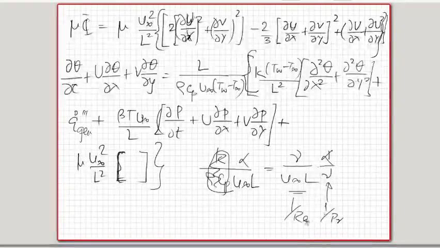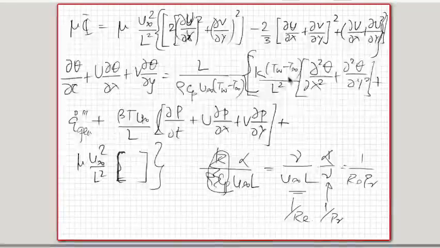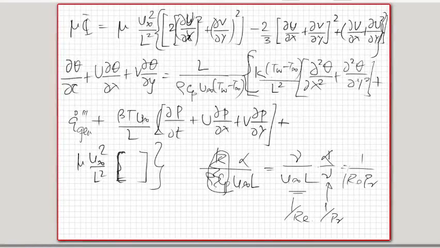This combination basically gives me 1 over RePr, which will replace this combination. So this is one set of non-dimensional numbers that I get.